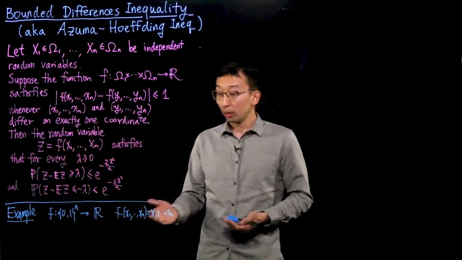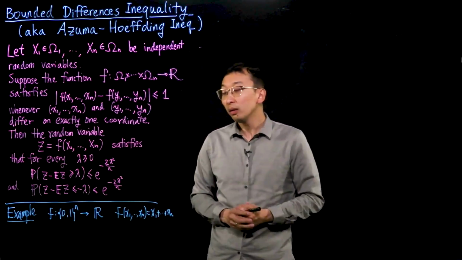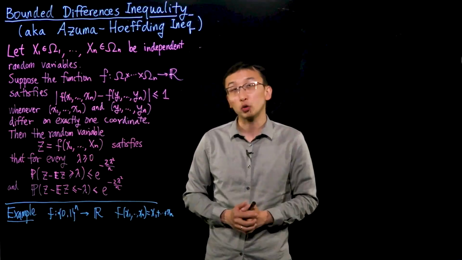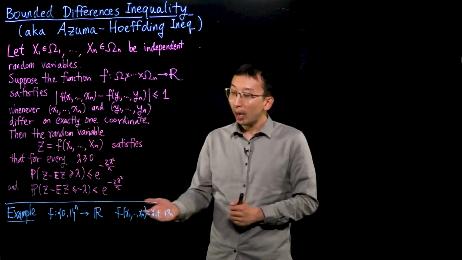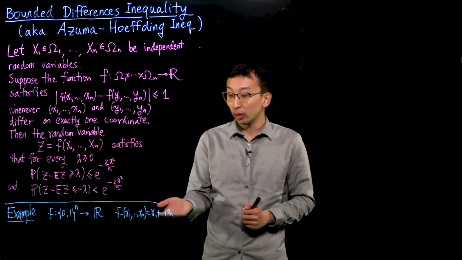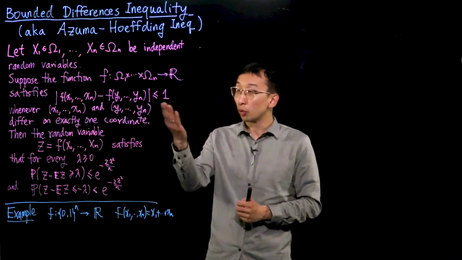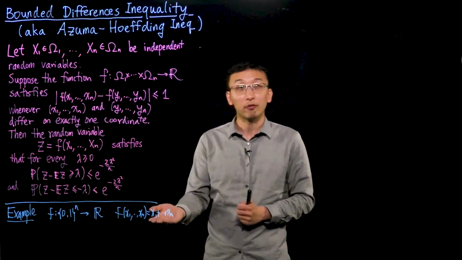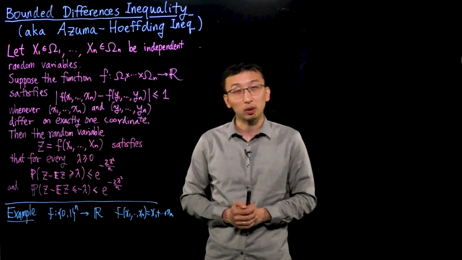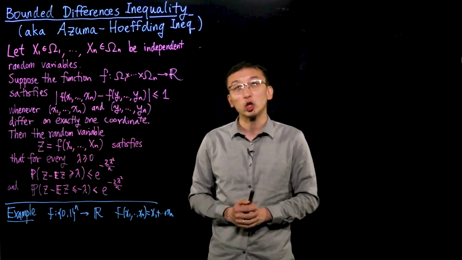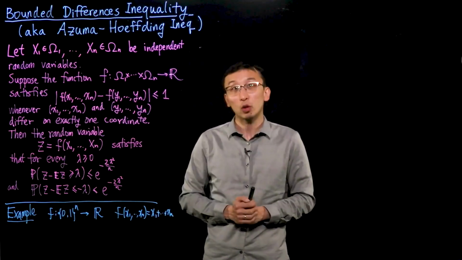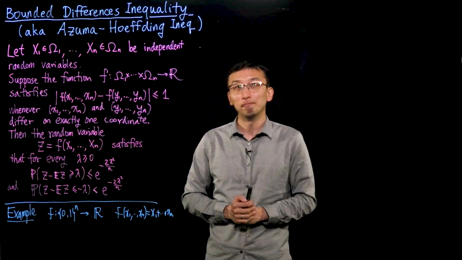In other words, this is a sum of n different coin tosses, each coin toss resulting in a 0 or a 1. And you can check that this function has the property that we require in this theorem, namely that if you flip just one of the input coordinates, the output changes by, in this case, exactly 1, but certainly no more than 1.